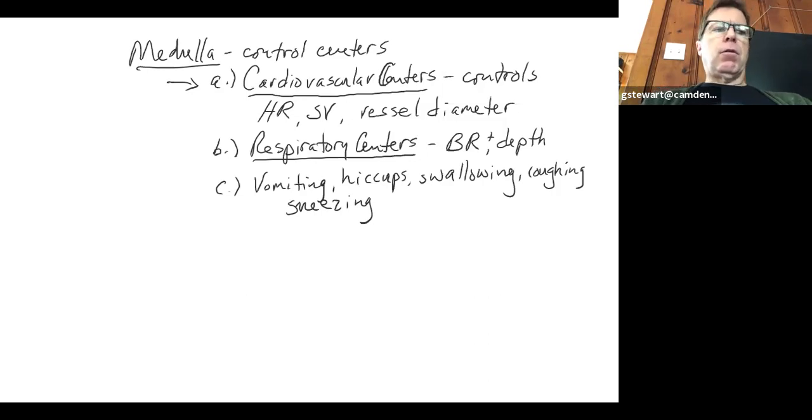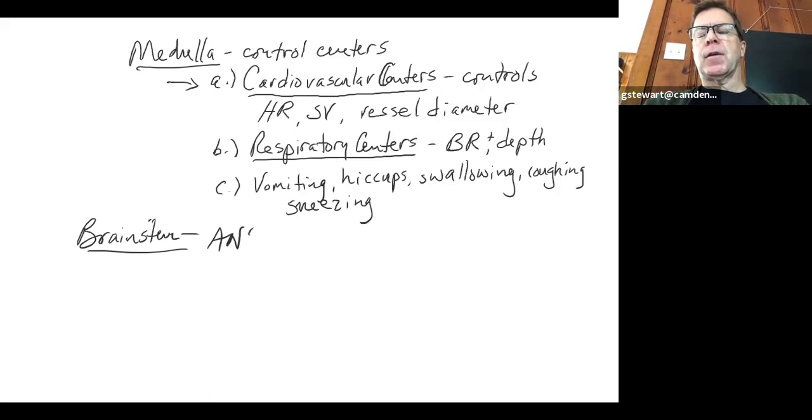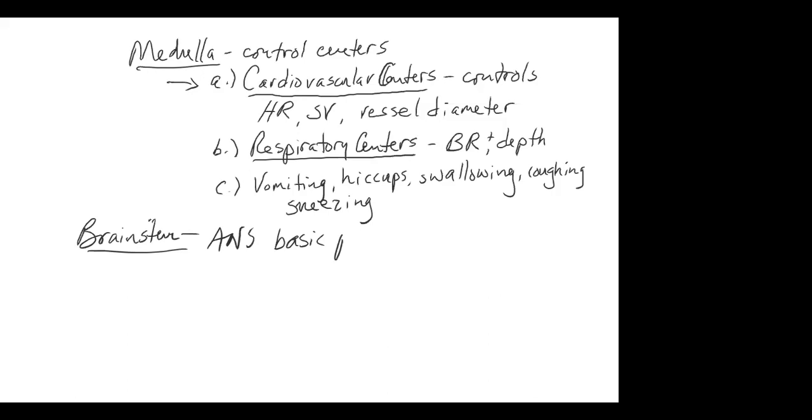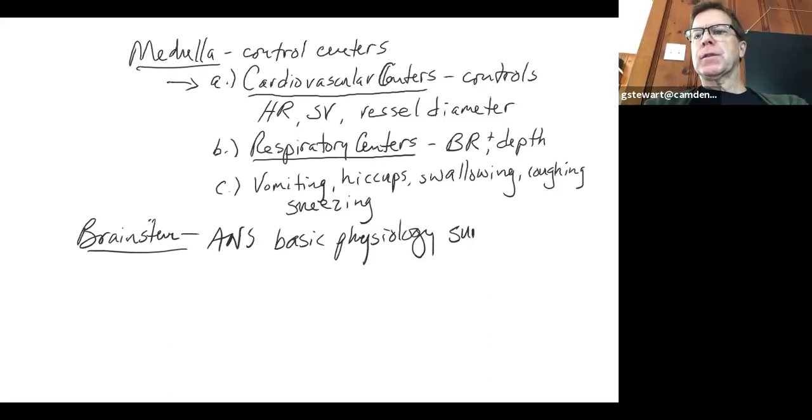So all in all, that brainstem controls all of our autonomic behaviors and functions associated with survival. So we say the brainstem, all 3 of those sections, regulate the autonomic nervous system, our basic physiology, survival mechanisms.